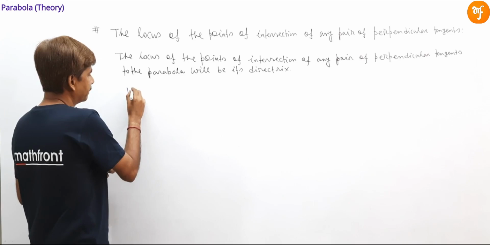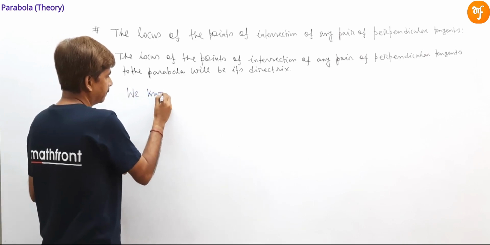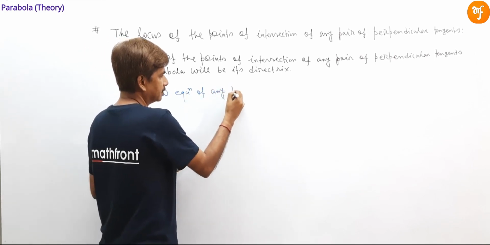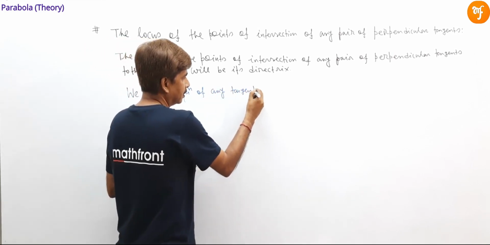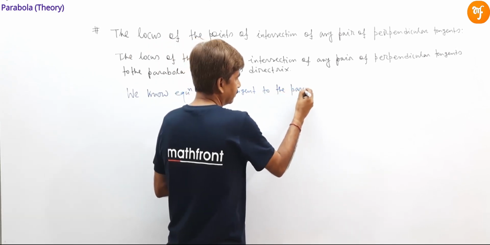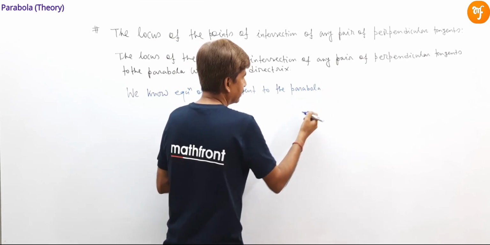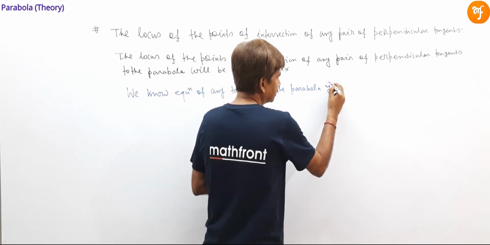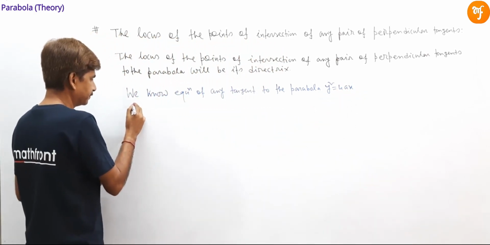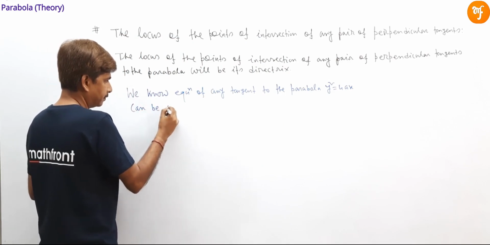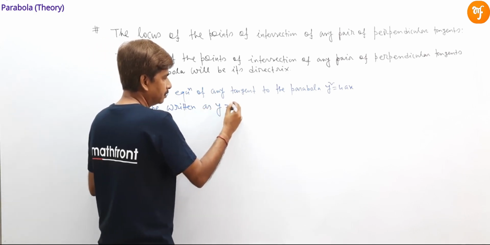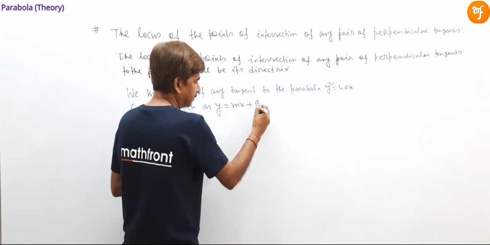We know the equation of any tangent to the parabola y square is equal to 4x can be written as y is equal to mx plus a by m.